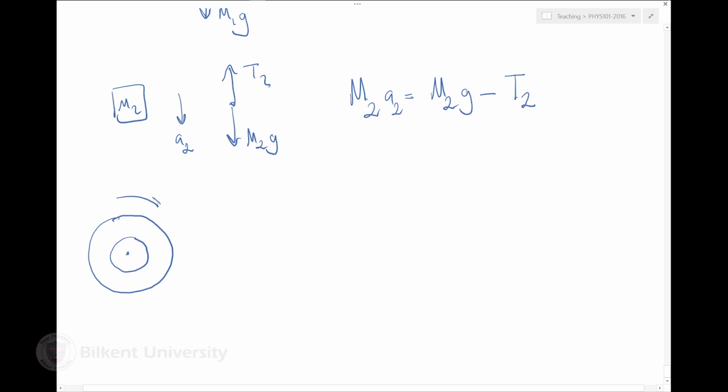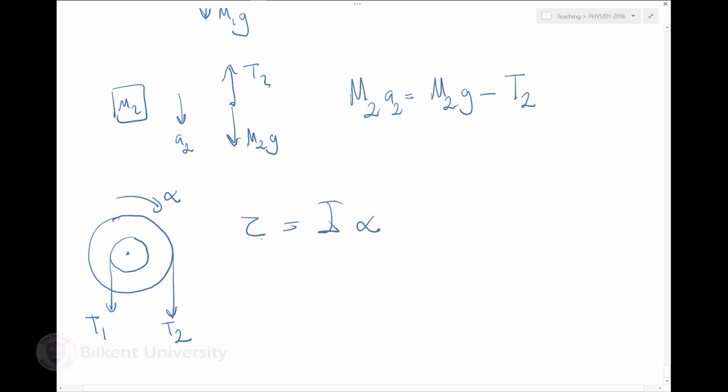So this is going to rotate with some alpha acceleration. Now, here I have m1g, and here I have m2g. You are right. Excellent. That is T1 and T2. That's an important point. I look at the free body diagram. I'm just looking at the forces applied on the pulley. Okay. Now, I need to write torque equals I times alpha.